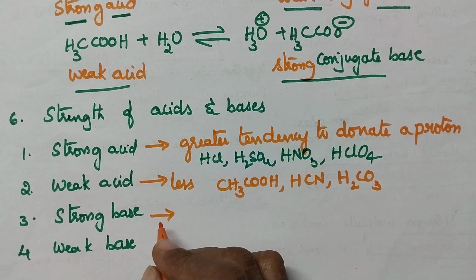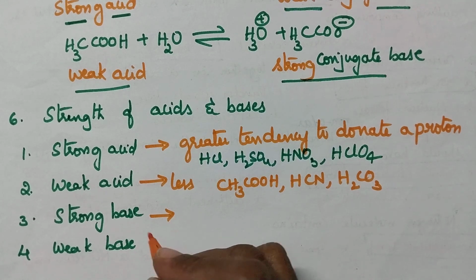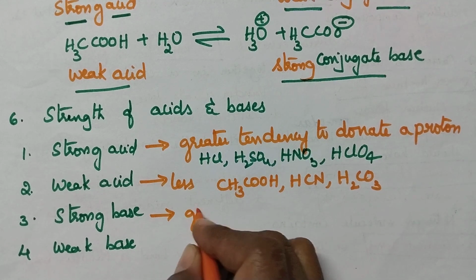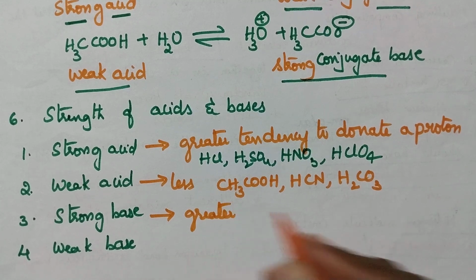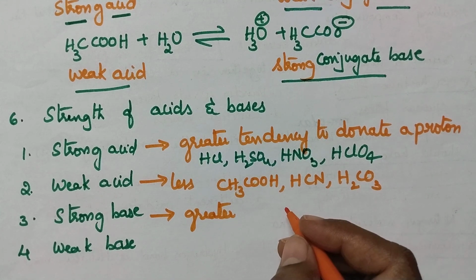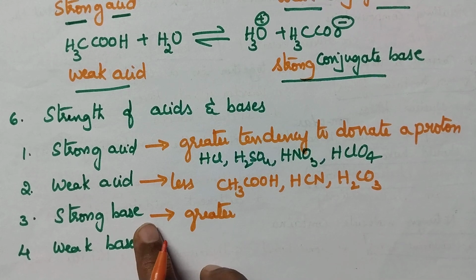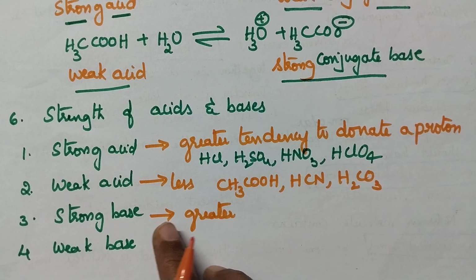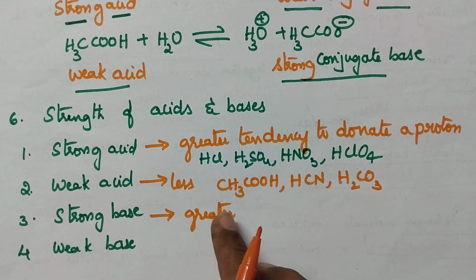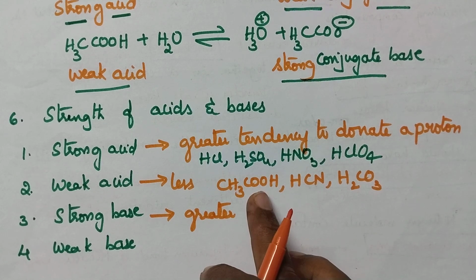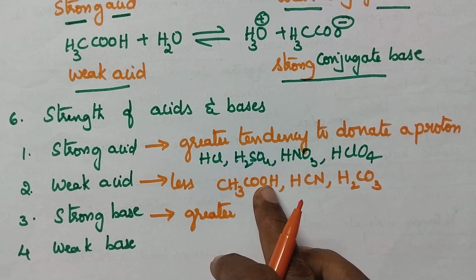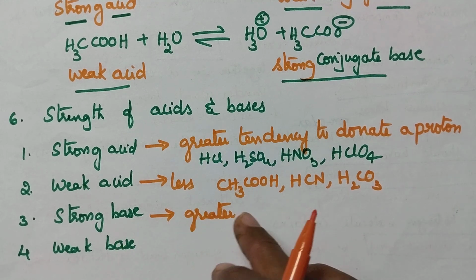Coming to the strong base, a base which has greater tendency to accept a proton is called a strong base. So, strong base means it has a greater tendency to accept a proton. Here we have to consider weak acids. From the weak acids, we can get strong conjugate bases.